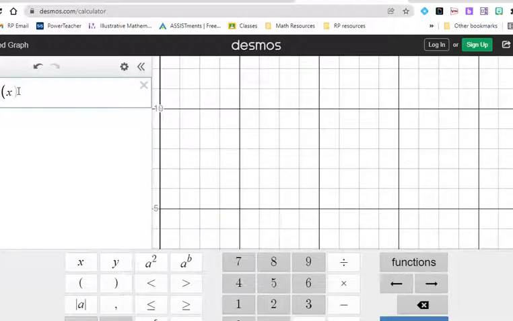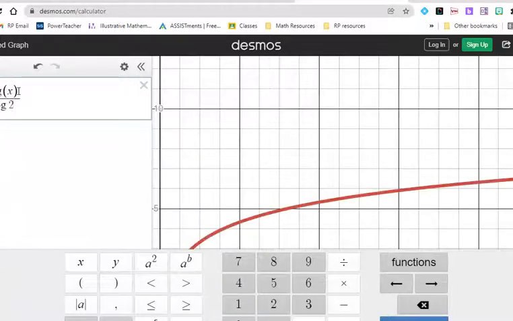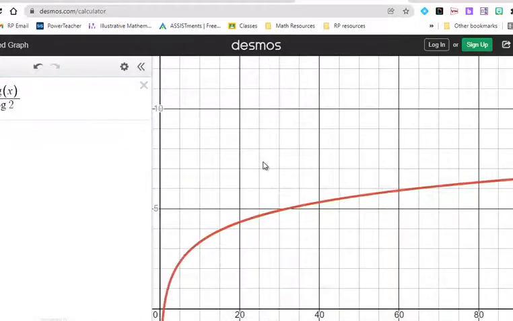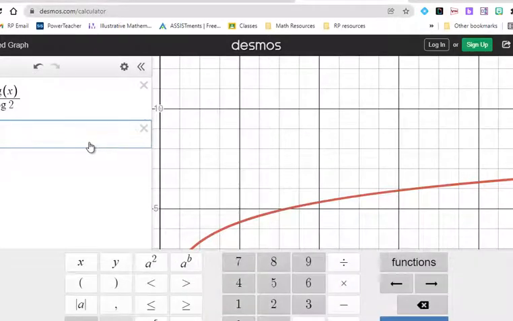So I'm going to have to close parentheses and then divide that by log of base 2. Okay, so I've got log of X divided by log 2. There's our first one that we graphed in section 17.3. And to graph our new one, I just need that exact same thing, so I'm going to copy my equation above, and this one is in base 10, so I'm going to divide by log 10.